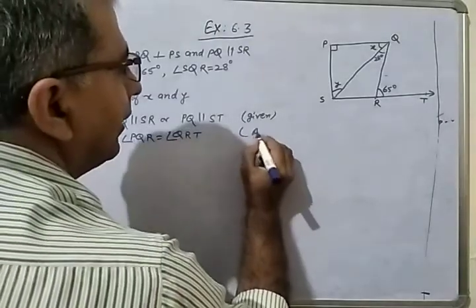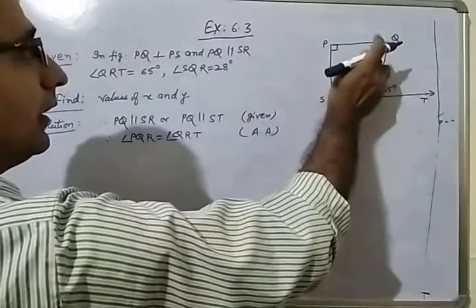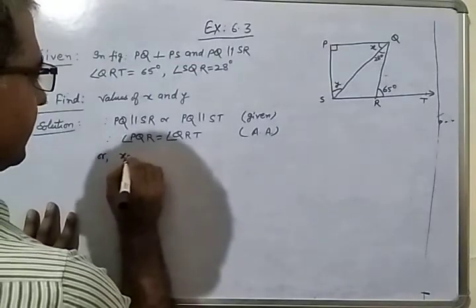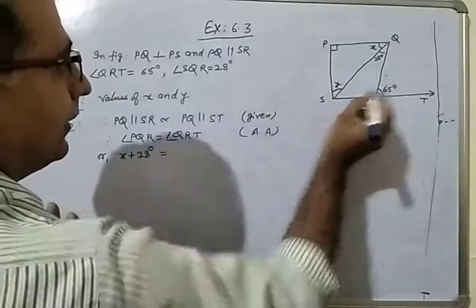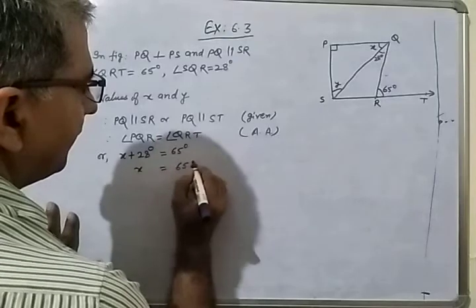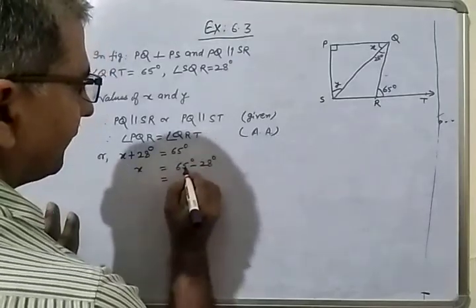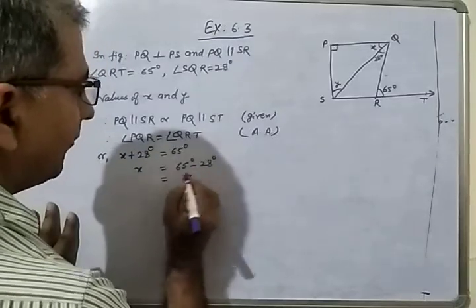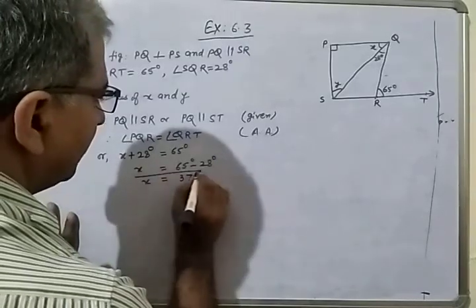These are alternate interior angles, or this can be written as X plus 28 equals 65 degrees. Now X equals 65 degrees minus 28 degrees, which equals 37 degrees.